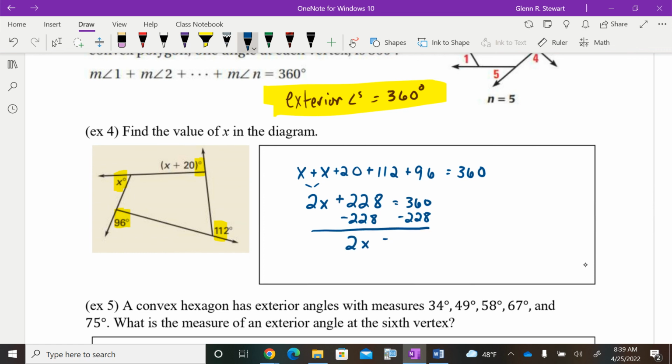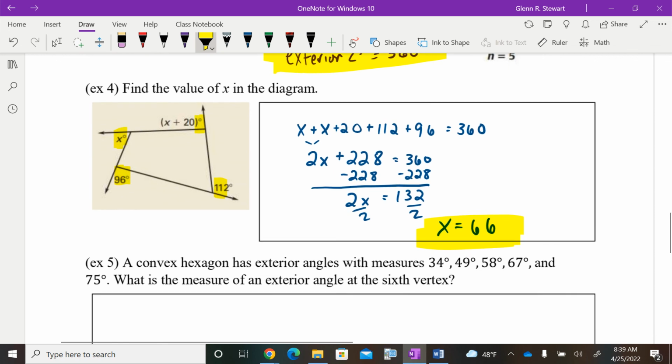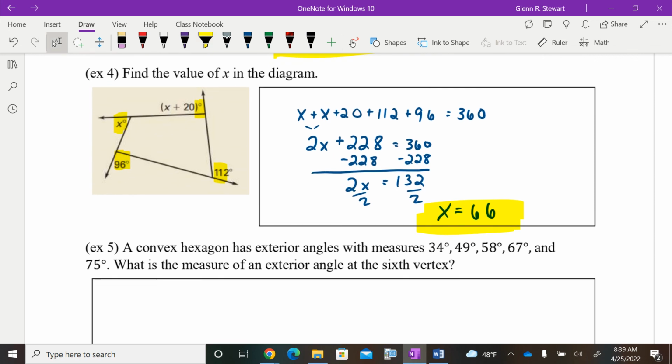So 2x is equal to 132. And divide by 2. And x is equal to 66. Leave that up there for a couple seconds for you if you're trying to copy any of that down.